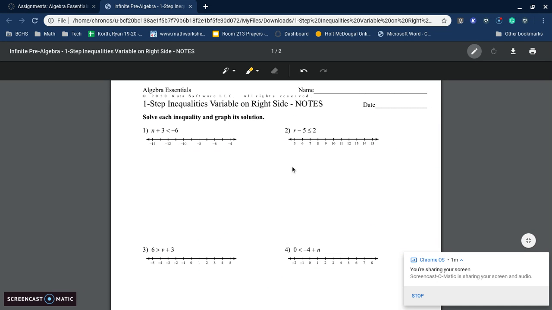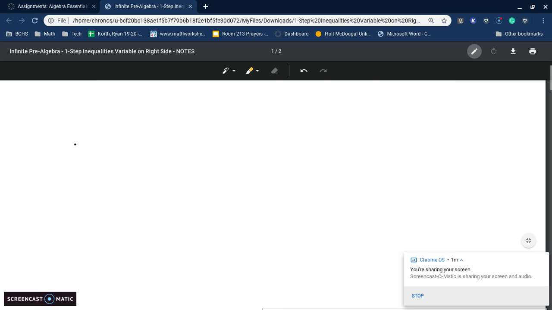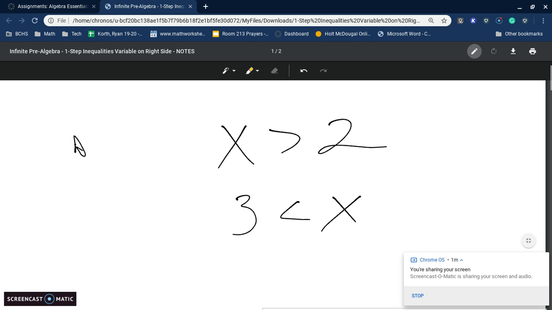All right, so today we're talking again about inequalities with the variable on the right side. This was a common issue on the quiz, which is part of the reason that we are going through all the things. Typically when you graph something, we're looking at x greater than 2. We had a lot of problems on the quiz that looked like 3 less than x.